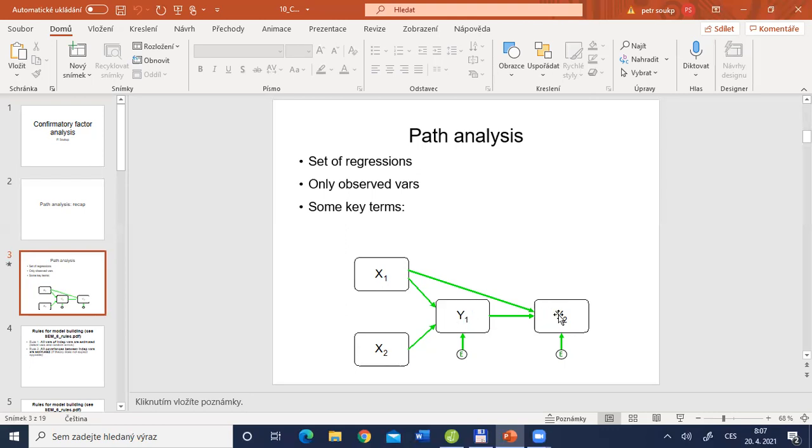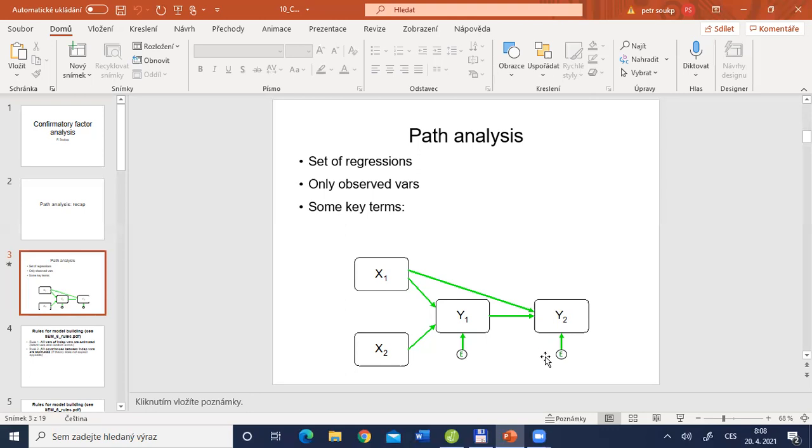I would also like to repeat that for regression models as well as for path analysis models, if you have some endogenous variable, there is always some error which is attached to this variable. We call this random error. And we also estimate in structural equation models the variance of these random errors.